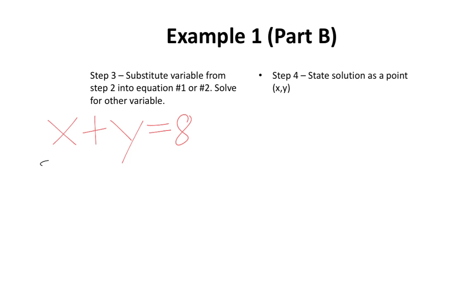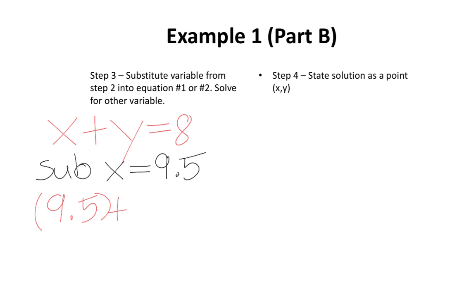So I'm going to say sub x equals 9.5. So instead of writing x, I'm going to replace it with 9.5. I'm going to put it in brackets. So 9.5 plus y equals 8. Now I don't really need the brackets, so I'm going to remove them. 9.5 plus y equals 8.